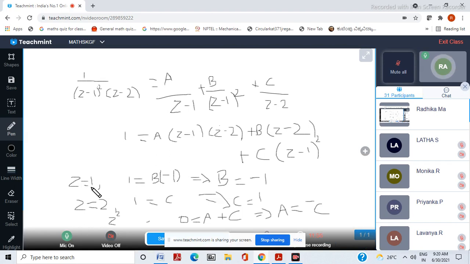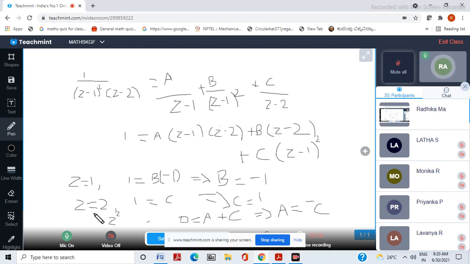Then we should substitute and find out the values for A, B, C. First we substituted Z equal to 1, then we got B into minus 1 is 1, that means B equal to minus 1.